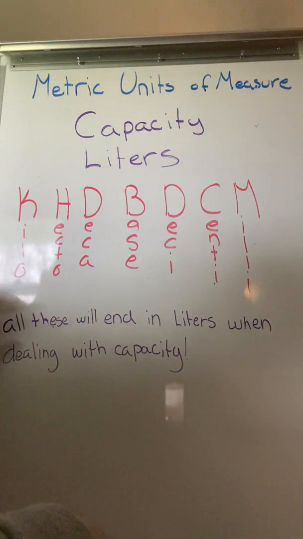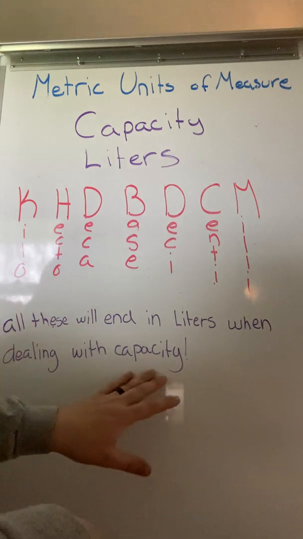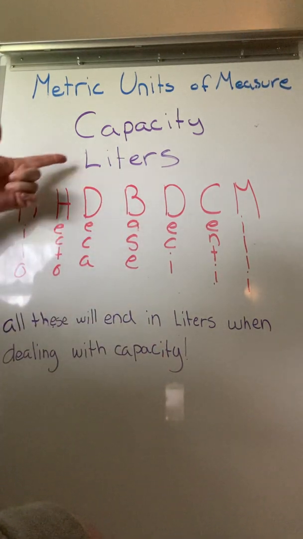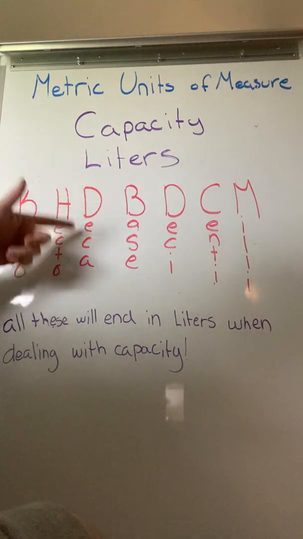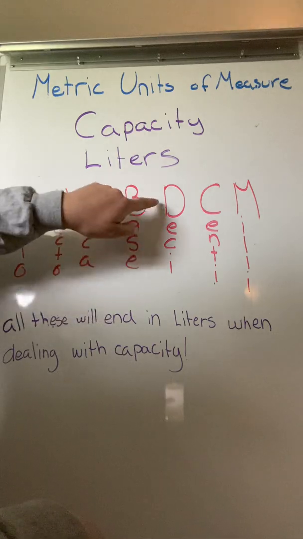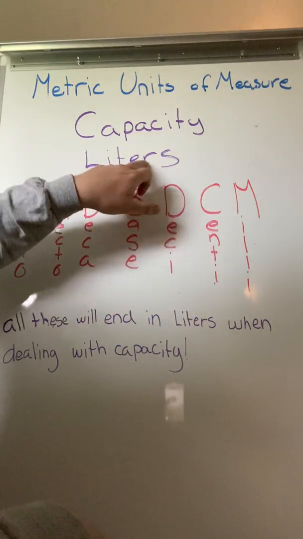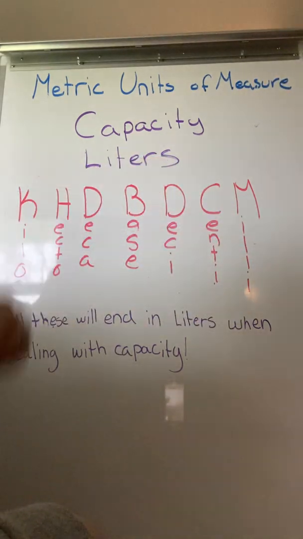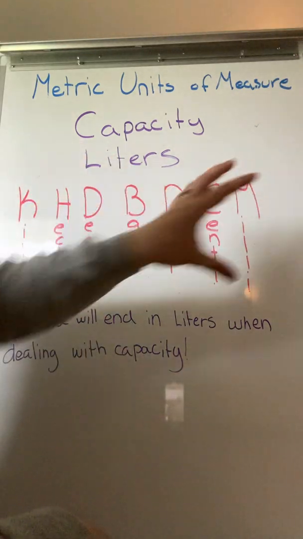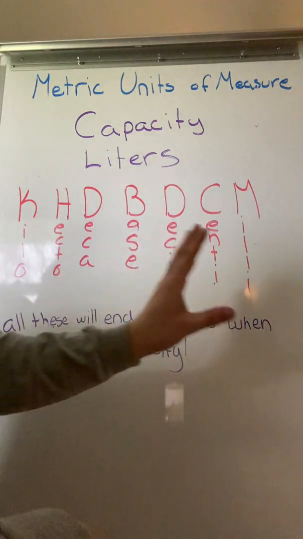So all of these today, since we're dealing with capacity, will end in liters. So you'll be dealing with kiloliters, hectoliters, decaliters, just liters for our base, deciliters, centiliters, and milliliters. So hopefully that cleared that King Henry story up and why we are using that.